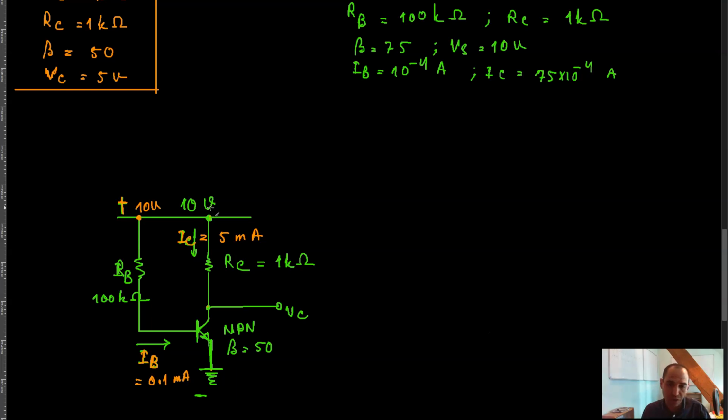In the electronic way, everything has to be in milliamps or microamps, and usually you don't use scientific notation.